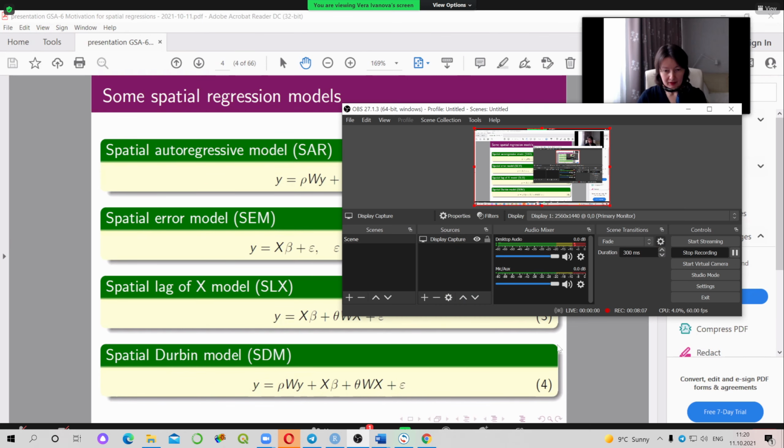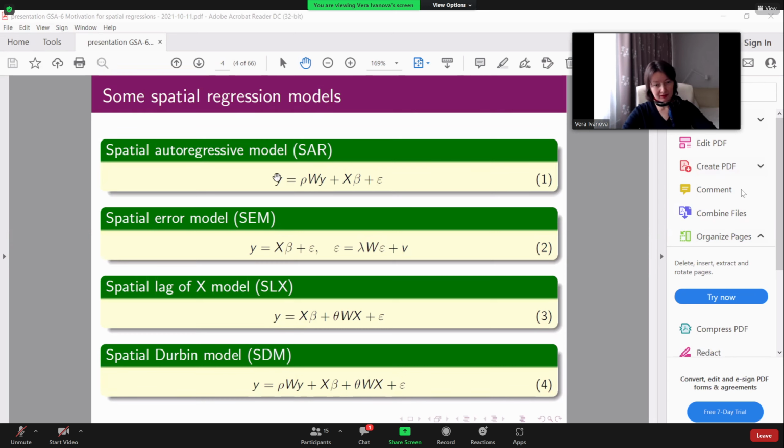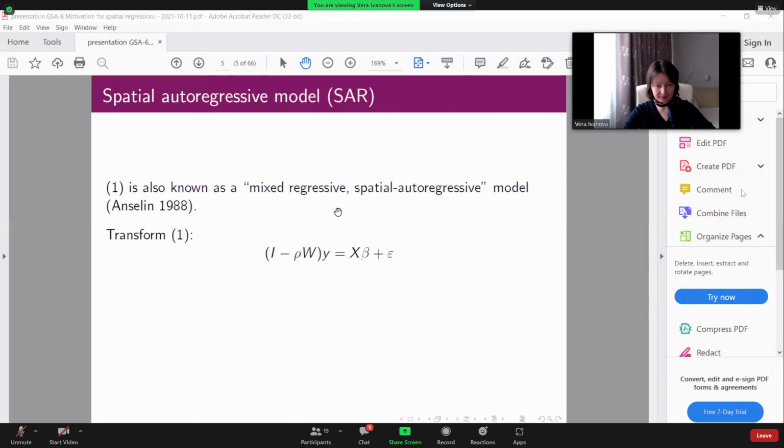What is rather strange in these regressions is that we get y on the left-hand side and on the right-hand side. Both sides include the dependent variable. So we need to consider such cases in detail. Let's start from the spatial autoregressive model. Also, this can be called a mixed regressive spatial autoregressive model.